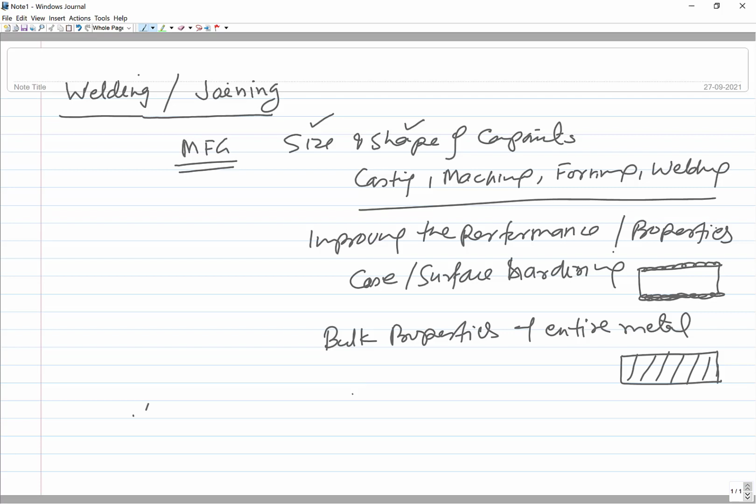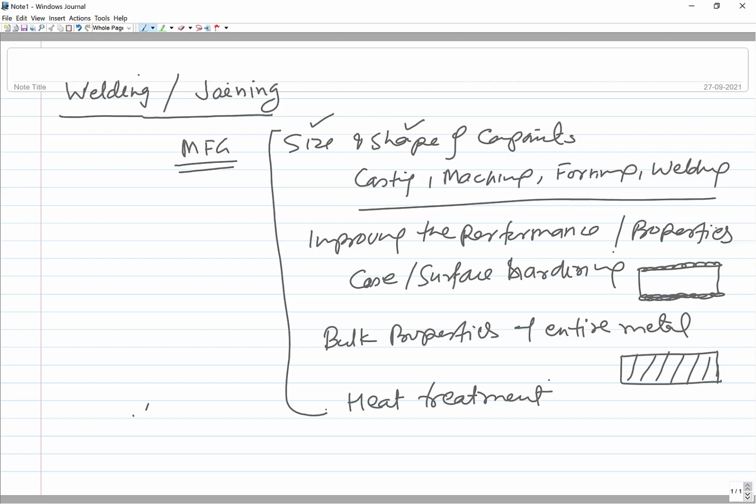In this category we have heat treatment. I hope you would have studied some of these processes, but that is not our interest here.